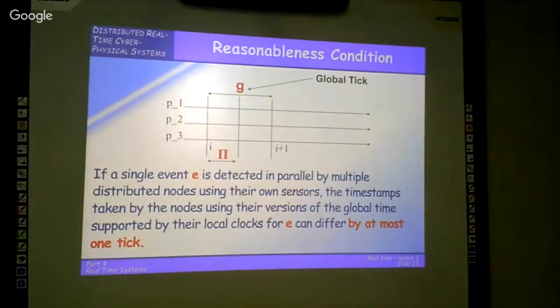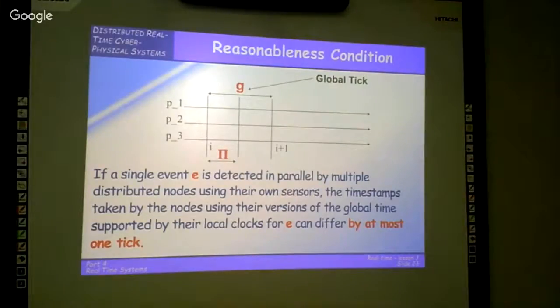Say an event happens at a given point in time measured by Z. That's this. Then the issue becomes how much our clocks count when the event starts. If I measure that the event happened at my i-th tick of the global clock, Fatima's clock can be i minus 1 or i plus 1.